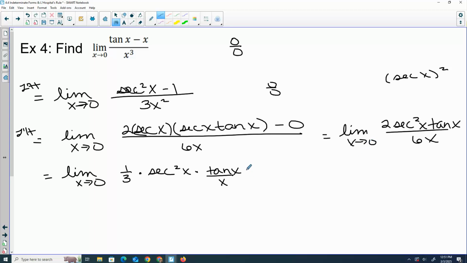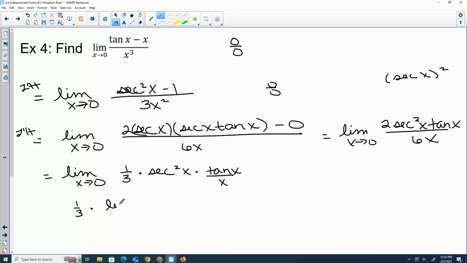If you wanted, you could change tangent into sines and cosines, and that would help a little bit, perhaps. If you remember some of our other rules that are still true, those might come in handy. So there's a lot of different options here. We can also think about, okay, the 1/3 would just come out, right?